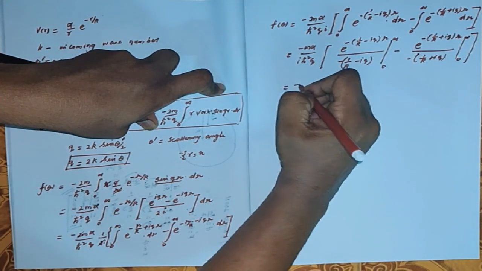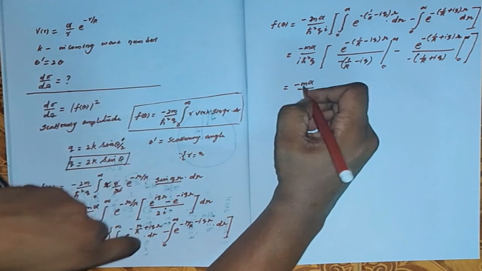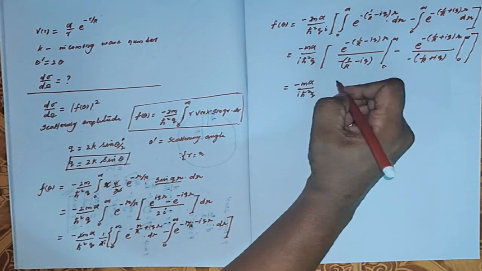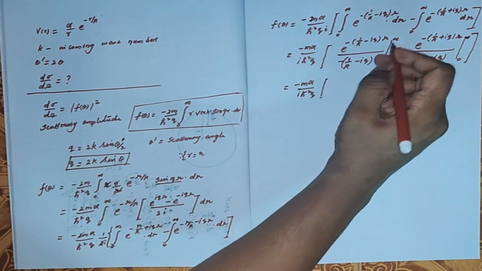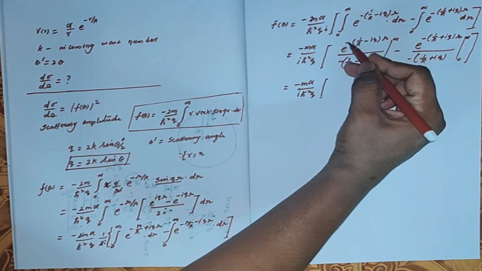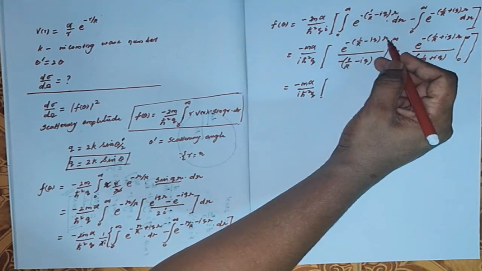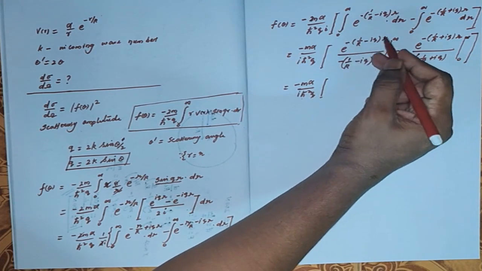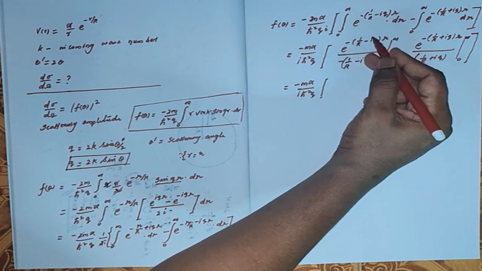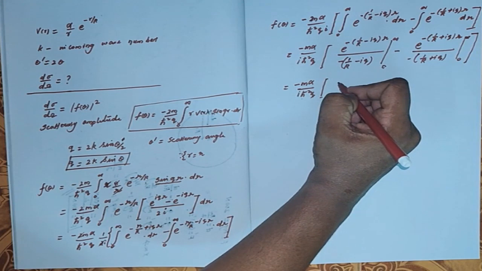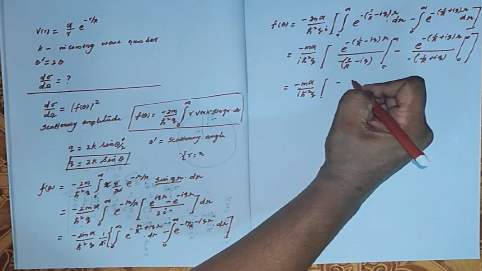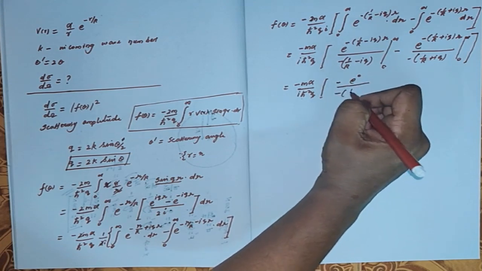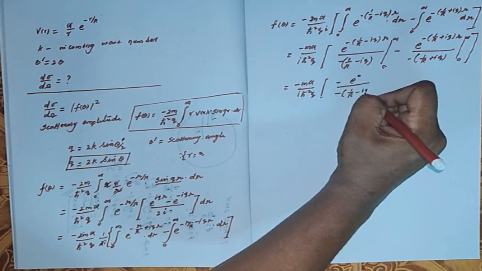Now minus m alpha divided by i h cut square q. If you substitute the upper limit, r goes to infinity, the exponential is e power minus infinity, so it goes to 0. If you substitute the lower limit, e power 0 is 1. While substituting the lower limit you put a minus sign, so e power 0 comes, and the denominator is minus 1/r minus iq.